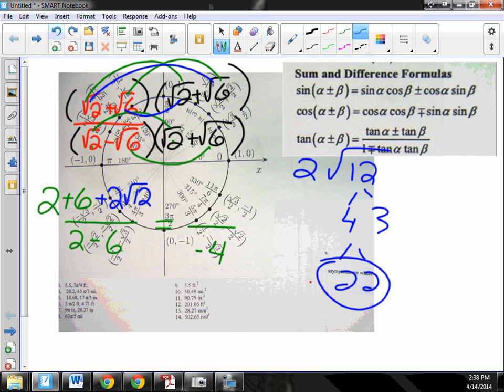So it's 4. So this is 4 root 3. And hopefully these numbers are going to be small enough you can just say, oh, there's a 4 inside there, and you square root the 4, which means you pull out a 2. So I have 2 plus 6 plus 4 root 3. So 8 plus 4 root 3.